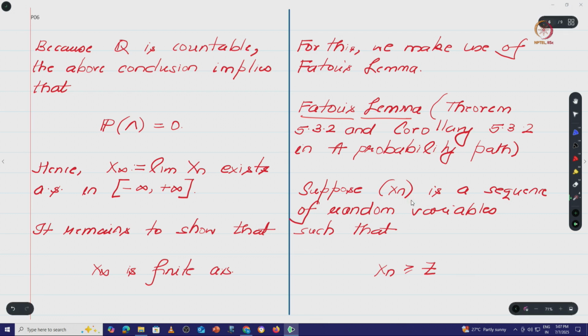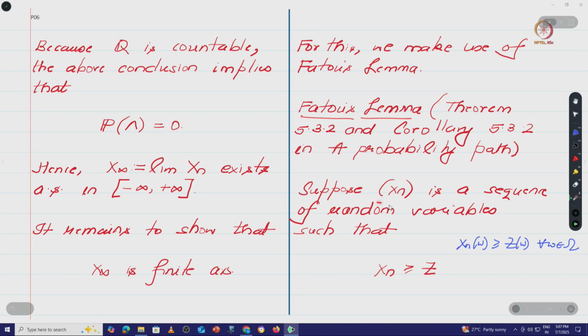All we require is that xn be a sequence of random variables with the property that all xn's are lower bounded by z. When I write something like this, I actually mean that xn of omega is greater than or equal to z of omega for all omega in capital Omega. So we require this condition.